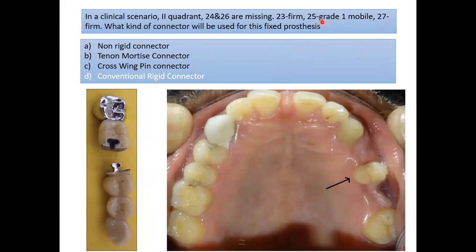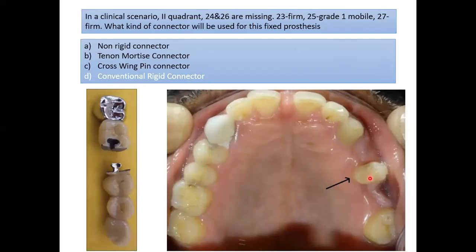But here in this condition they have mentioned grade 1 mobility of 2.5. So in that case, if you give a key and keyway kind of connection, this is already a grade 1 mobile tooth. So whenever this prosthesis comes in contact with the opposing arch, some amount of force will get transferred to this region, which is already grade 1 mobile.